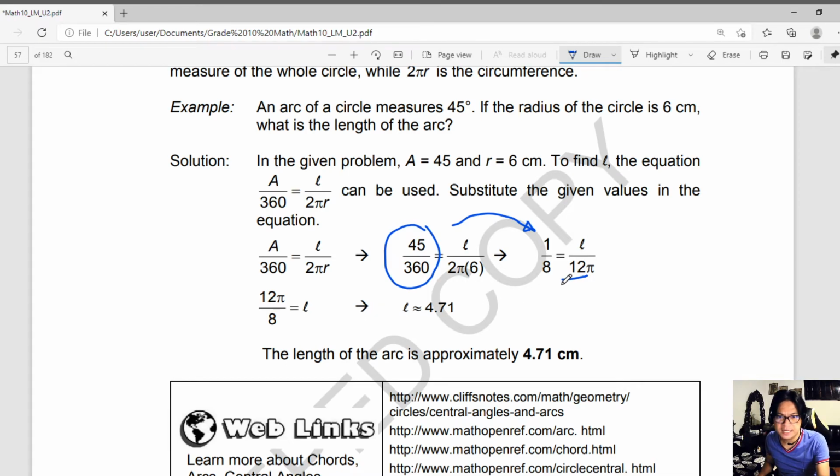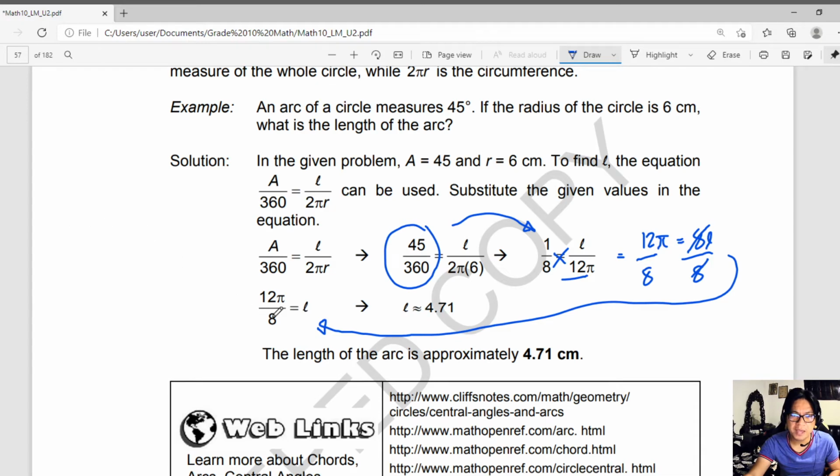Then, after that, what do we do? We need to find L, so we can cross multiply. It becomes 12 pi, and 8 times L is 8L. Then, to get the arc length, divide both sides by 8.